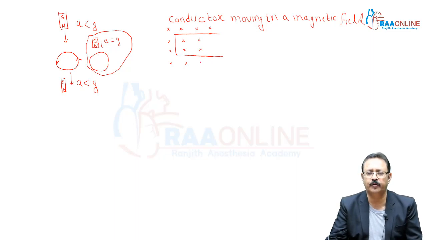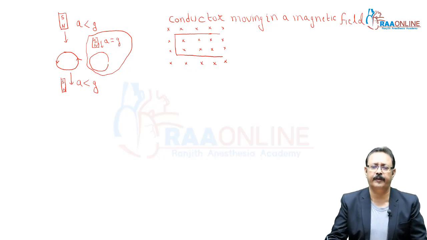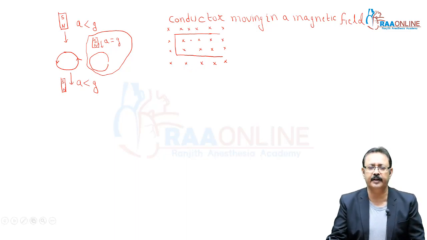Dot means outward, cross means inward. The crosses are very near to each other and everywhere. It is uniform, meaning the magnetic lines of force are equidistant.